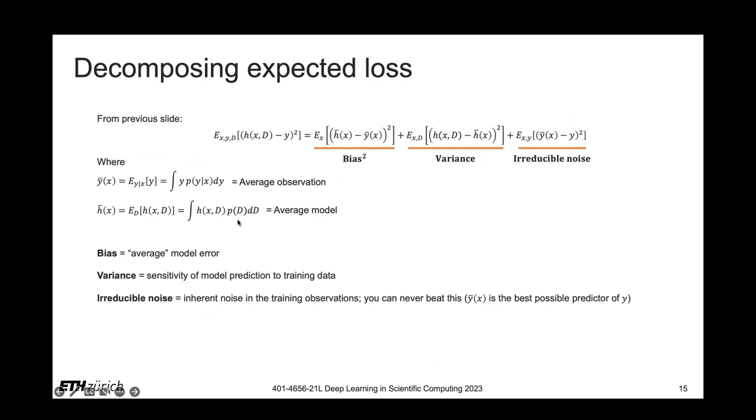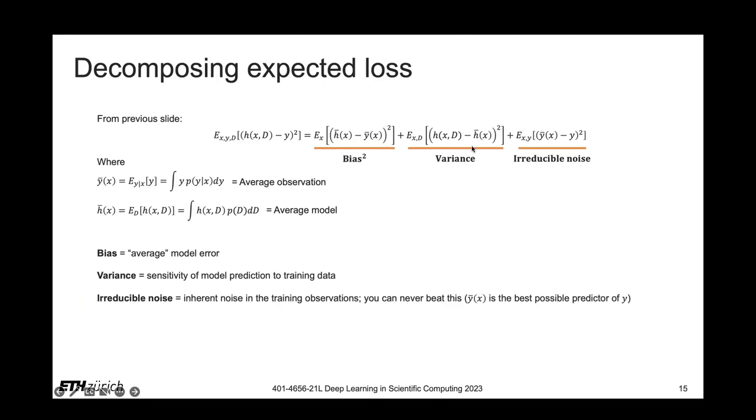You can think of this as training your neural network many times with many different data sets and averaging the results. The bias says the error depends on how close that average model is to your true function, or your true function averaged over your noisy observations. So this is basically the mean of y. If you think about those noisy observations, this is like the polynomial function. So this is saying how far away my best guess at what the neural network is, is from the true function.